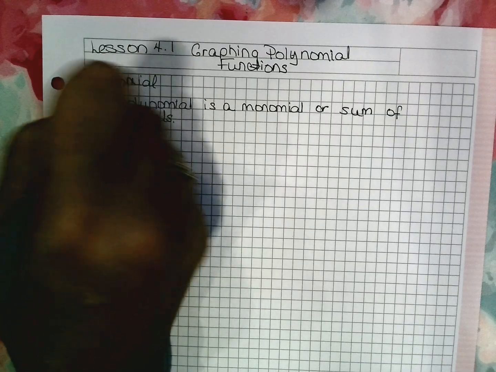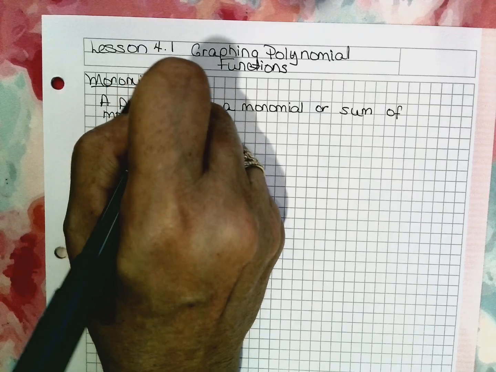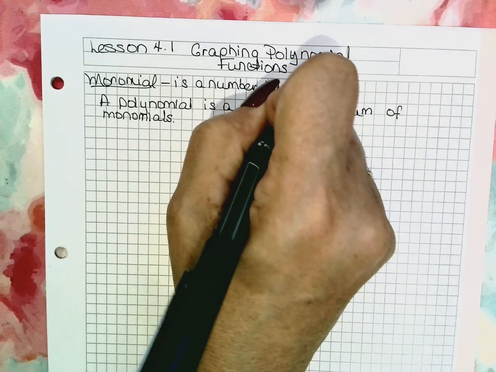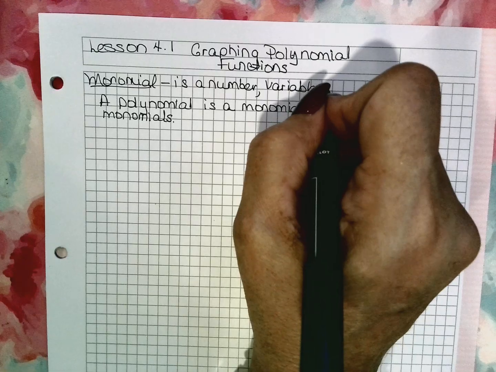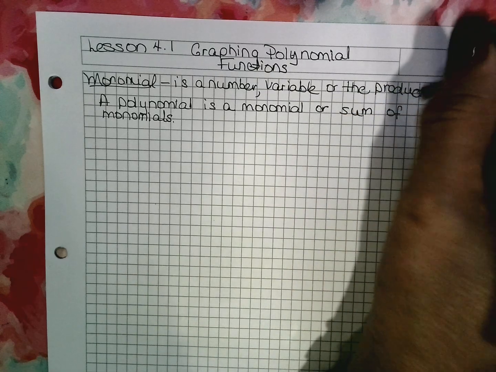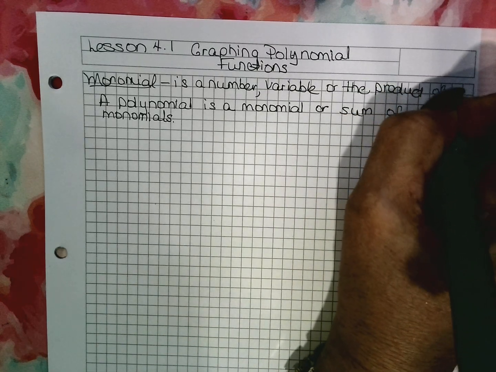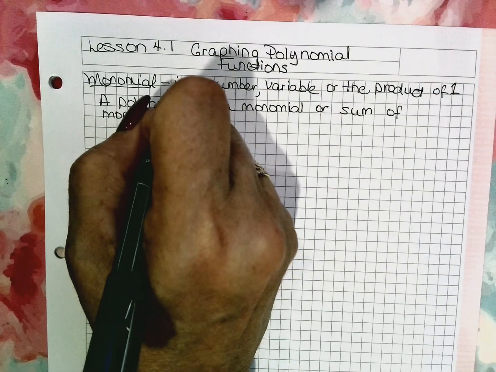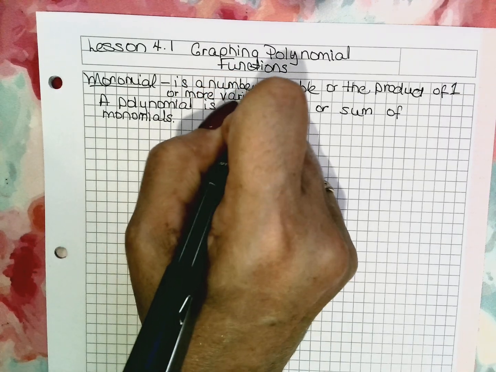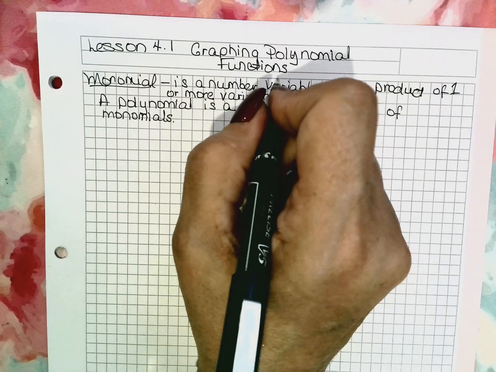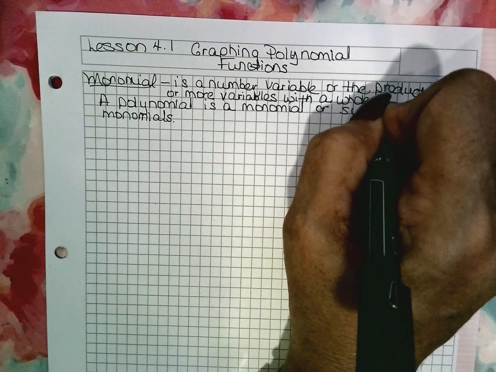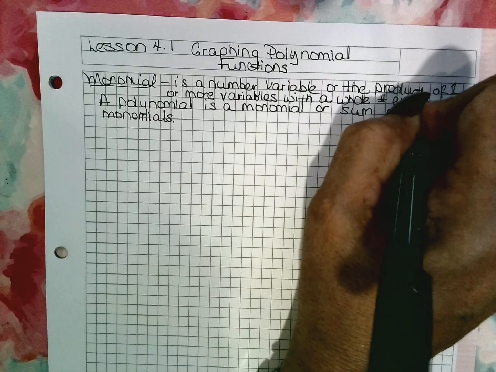A monomial is a number, a variable, or the product of one or more variables with whole number exponents.